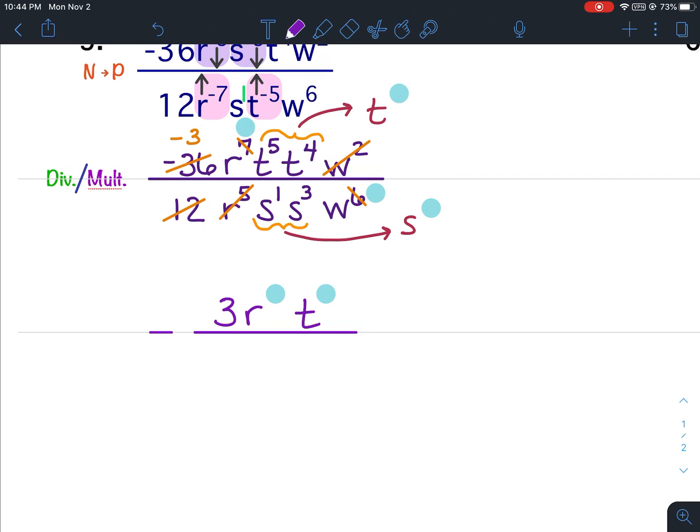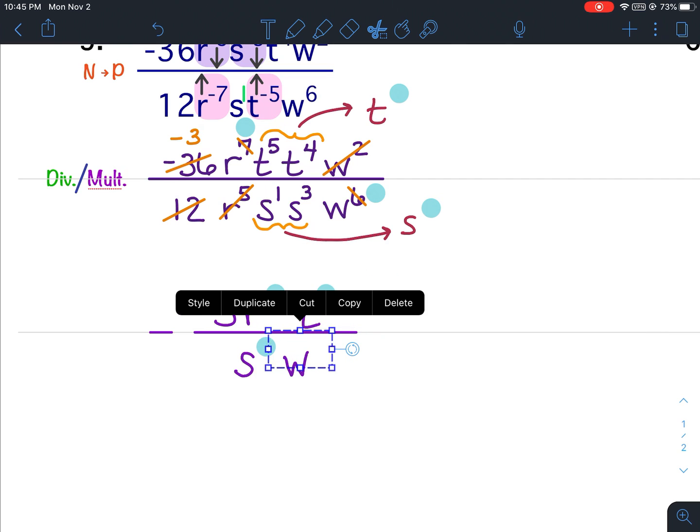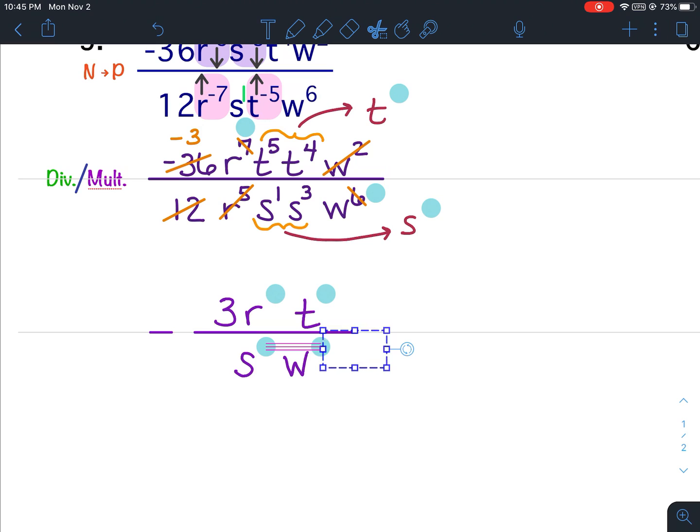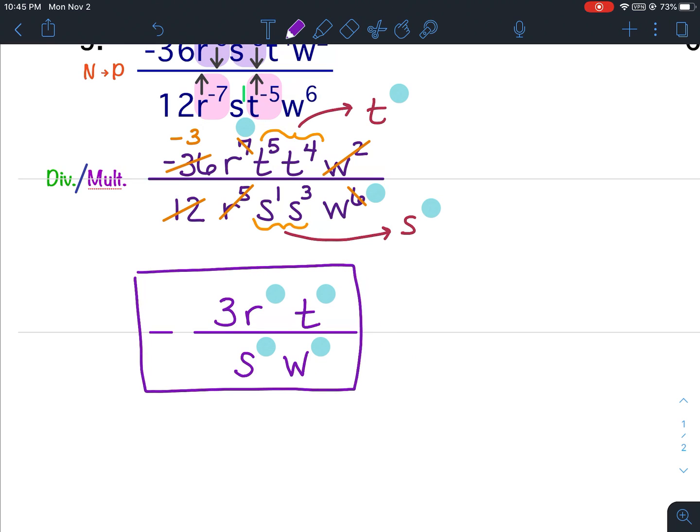In the denominator, we have s and w. And that is it for question number 5.